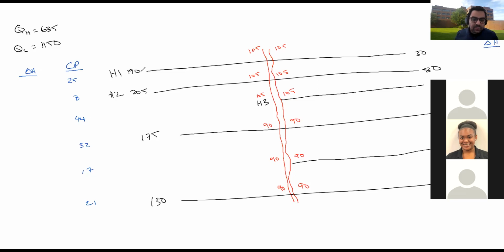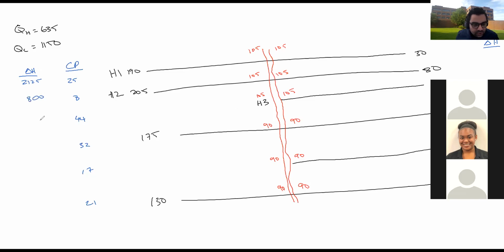So above the pinch, for H1, 190 minus 105 multiplied by 25. This is 2125. For H2, it's 205 minus 105 multiplied by 8. So I have 800 here.